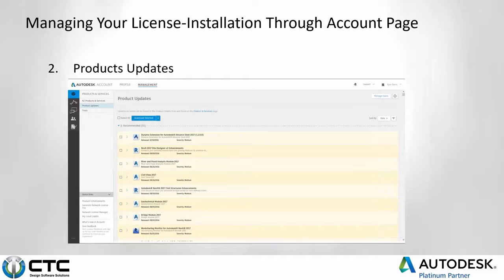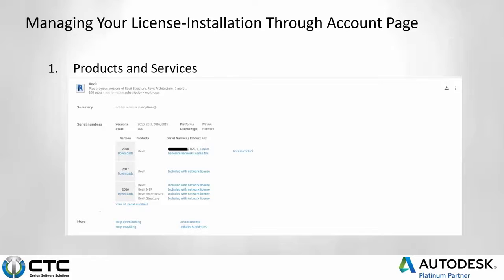Now, with the product updates, on the left-hand side there will be all products and services, and then product updates. With product updates, this gives you a list of every single update for your software. However, when you're back in the all products and services portion and you click updates and add-ins, it's only going to show you the updates for that tool that you have expanded.